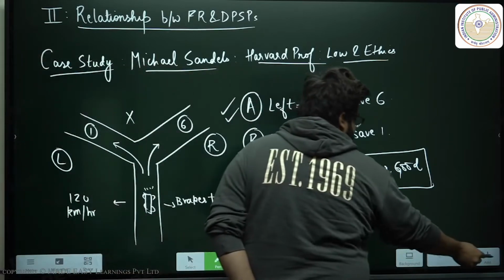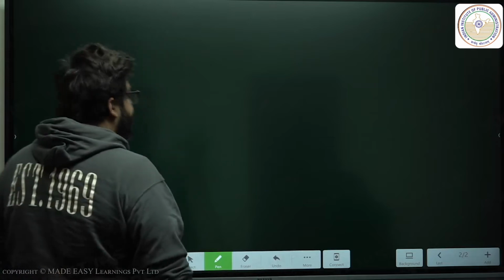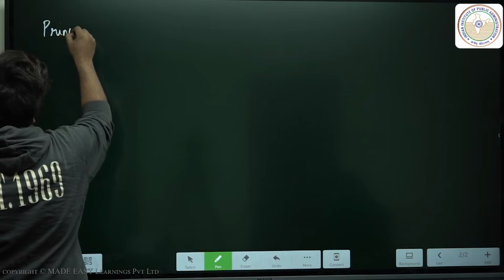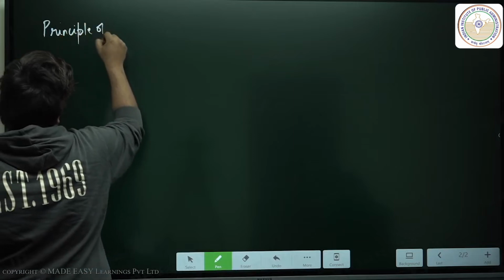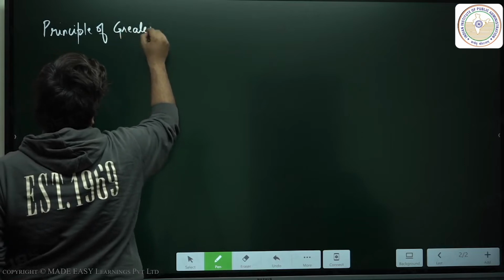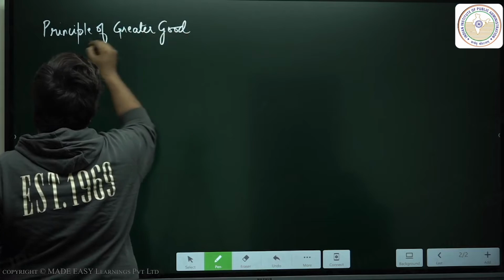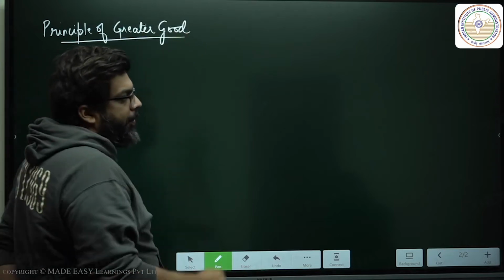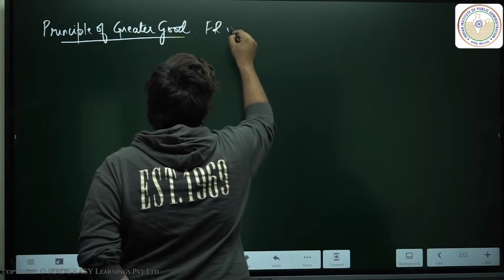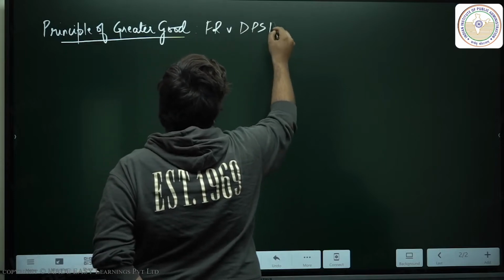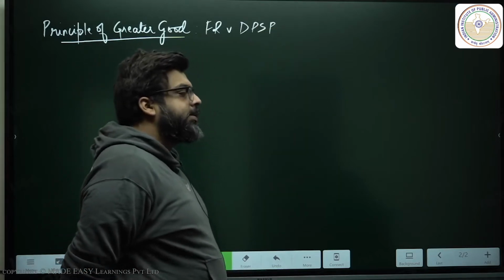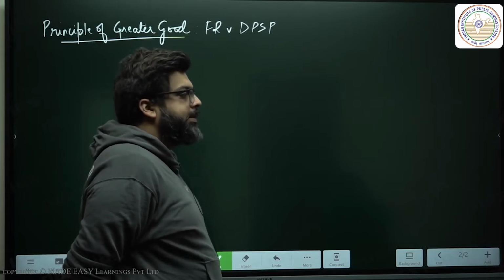And based on this principle of greater good, or this principle of utilitarianism, if you'd like to call it that, is basically the conflict or a decision that has to be taken with respect to fundamental rights versus directive principles.